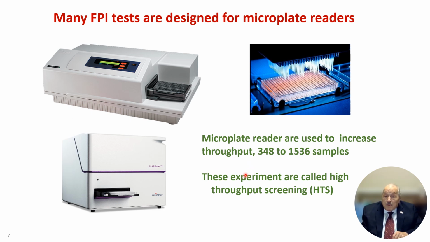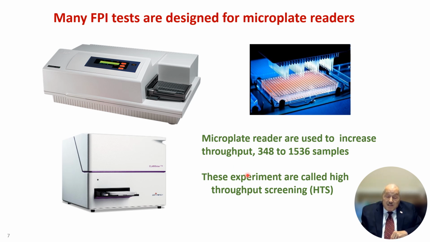These microtiter plate instruments are extremely versatile, and it's almost shocking, coming from when I started with fluorescence spectroscopy, and it was so difficult to measure one emission intensity at one excitation wavelength and get the same answer the next day.